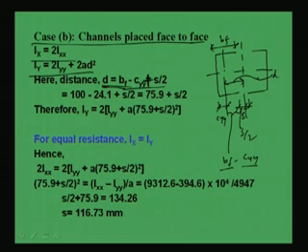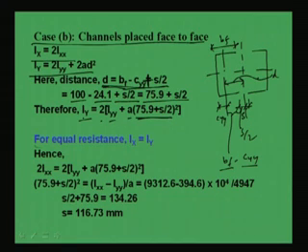Bf is 100 mm, Cyy is 24.1, and S by 2 we do not know, as S is the spacing which I have to find out. So, Iy we can find out as 2 into Iyy plus A into d square, where d is 75.9 plus S by 2, right.